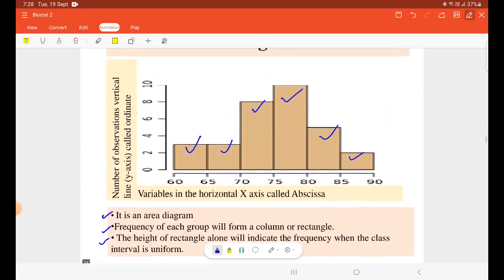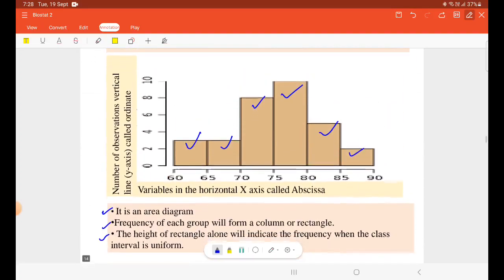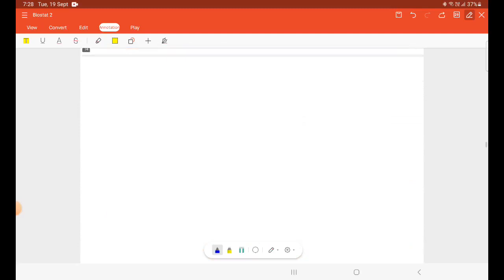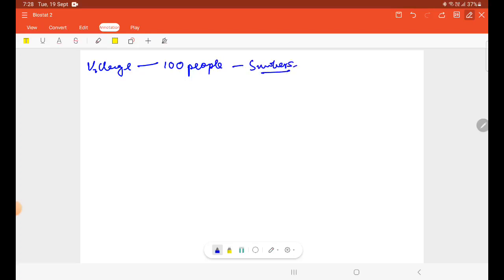Let us come to, say, a village. We are examining 100 people who are smokers. Okay, 100 smokers.